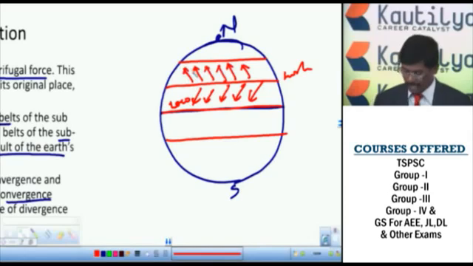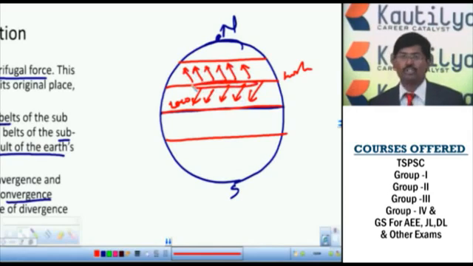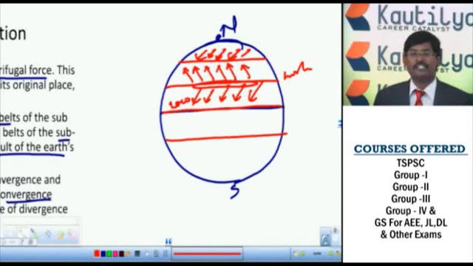When it moves from high pressure to low pressure, automatically we have divergence here, and in this region we have convergence. See, convergent and divergent regions.